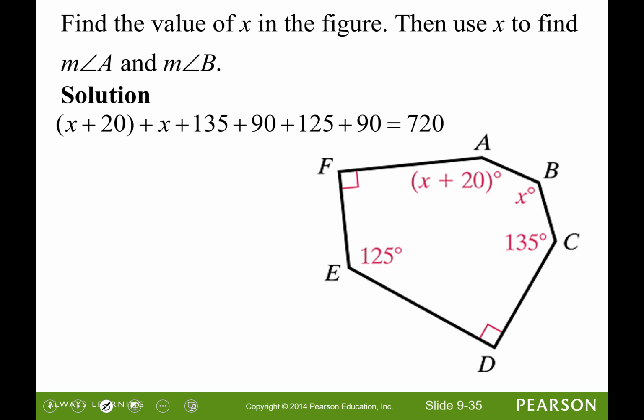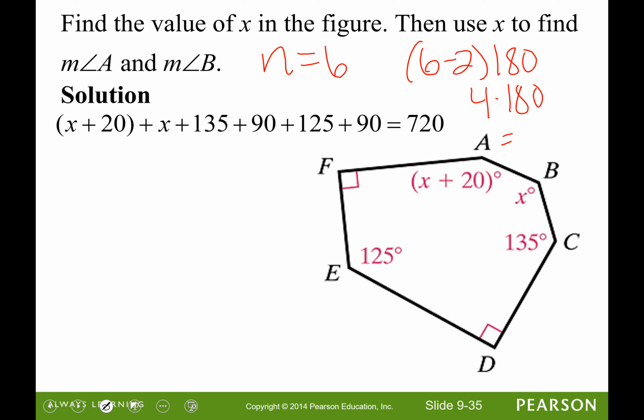Well, this is a 1, 2, 3, 4, 5, 6-sided polygon. We call that a hexagon. So that would be n equals 6. So we would do 6 minus 2, multiply that by 180. So that's 4 times 180, which is where we get the 720 from.